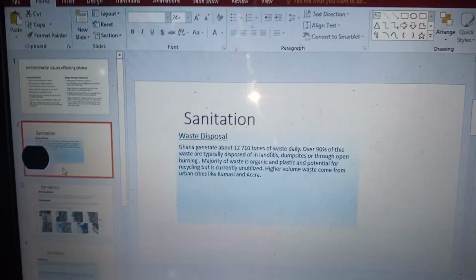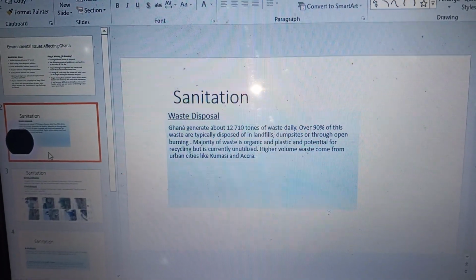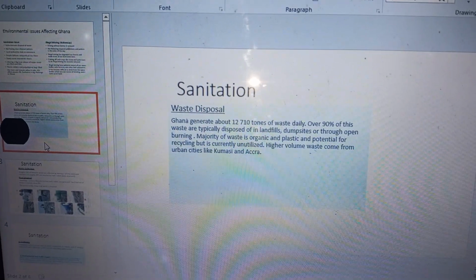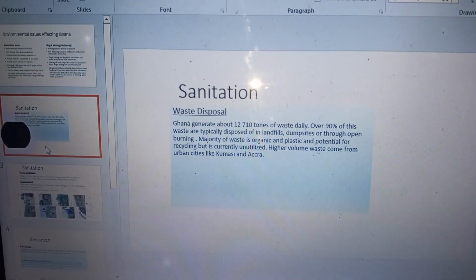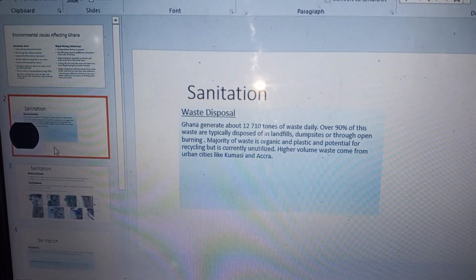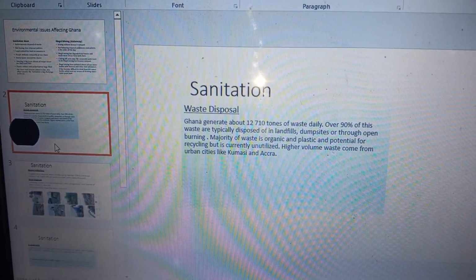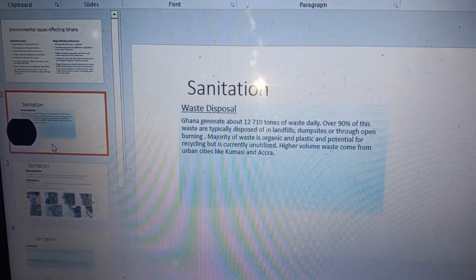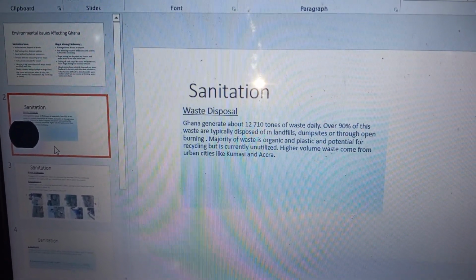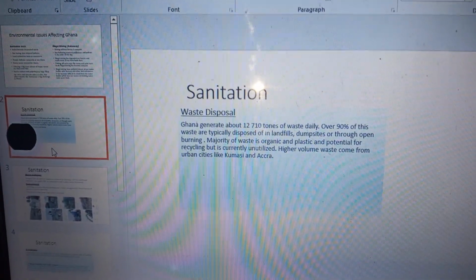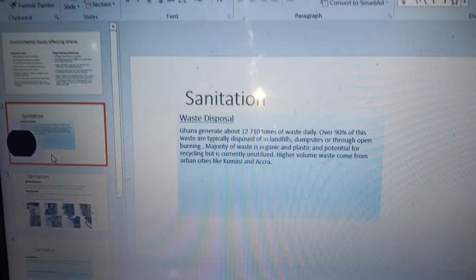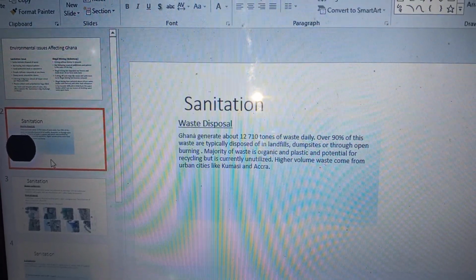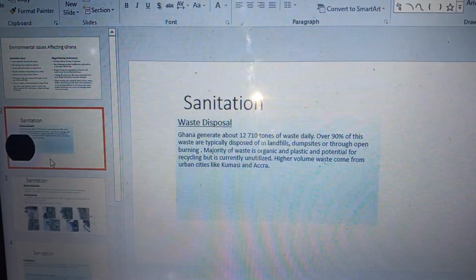Let's go to the second slide. We will see how waste is being disposed of and the waste that has been generated in the country. About 12,710 tons of waste is generated daily in Ghana. And over 90% of this waste is typically disposed of in landfill areas.